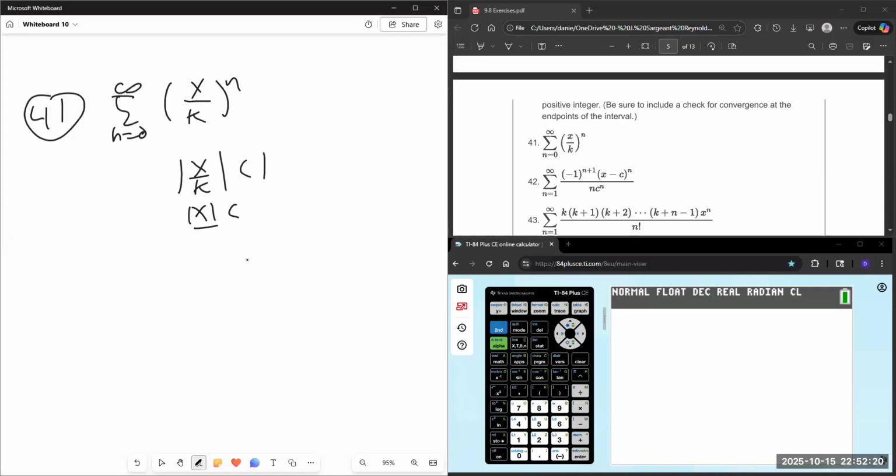Assuming k is positive, I think they say, right? Yes, k is a positive integer, so absolute value of x is less than k. X is between negative k and k. And if I would test this, negative 1 to the n doesn't converge, 1 to the n doesn't converge, so my interval of convergence is negative k to k.